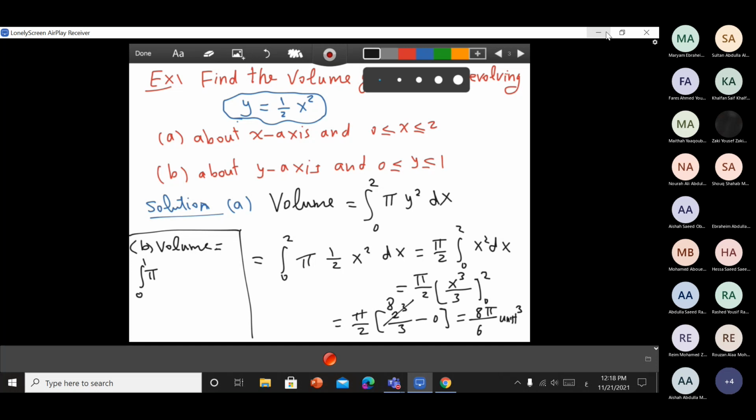So pi x squared, and the slice will be dy in this case. So integration from 0 to 1 of pi, what about x squared? From this one, x squared will be 2y, right? So I have 2y dy. Very simple integration.